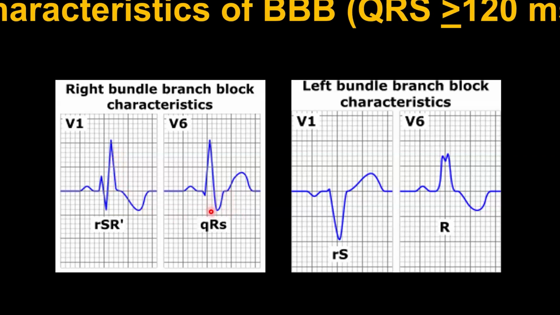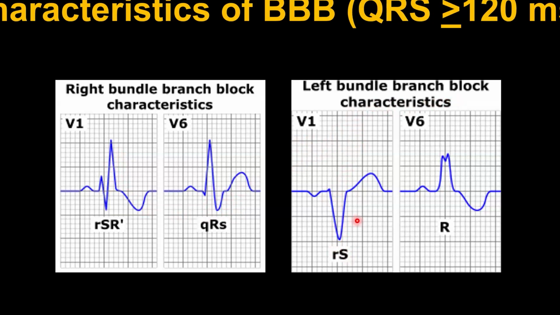There may be a small S wave in V6 as well. Whereas with left bundle branch block, V1 looks like this. There may or may not be a small R wave, followed mainly by an S wave.